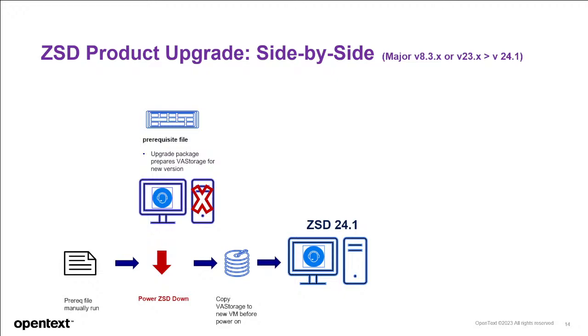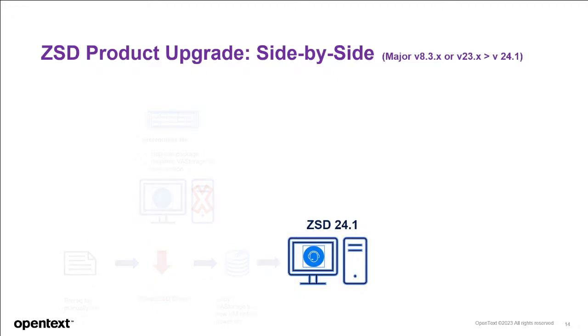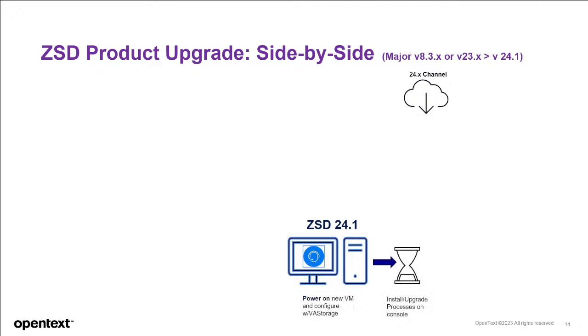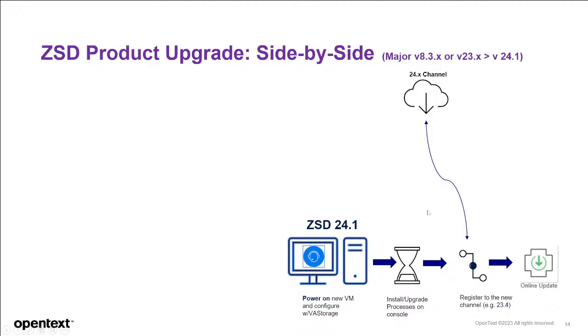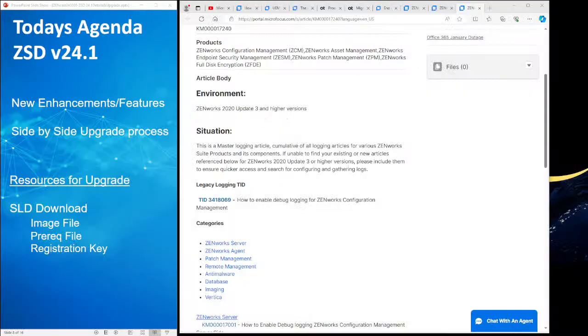You'll copy the disk over as a second disk, and then you'll go through and finish the upgrade. It'll see the VA storage, do the install and upgrade processes, and then basically you'll need to register to the new 24.1 channel. Then you could do online updates at that point. Okay, so that's how that rolls.